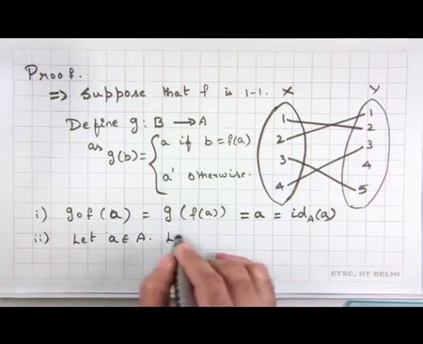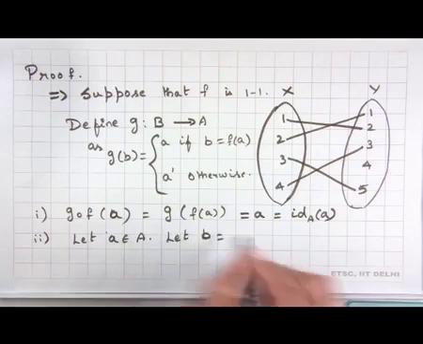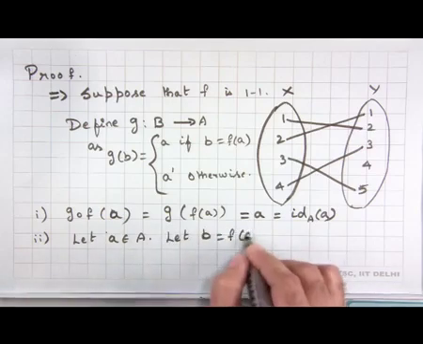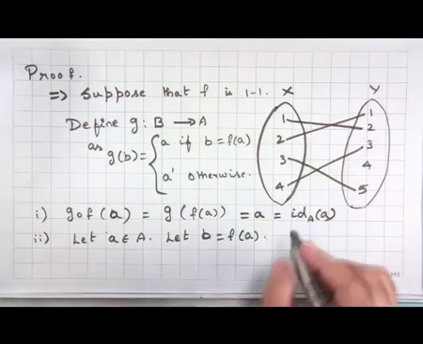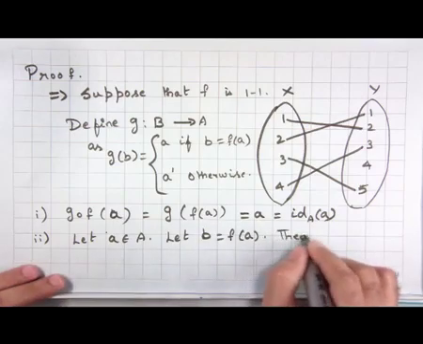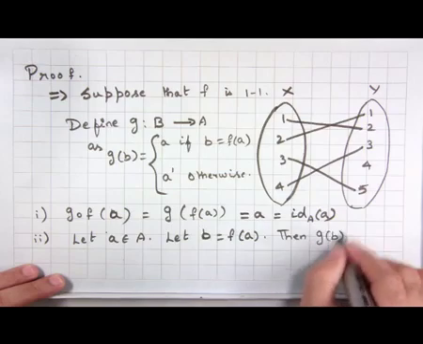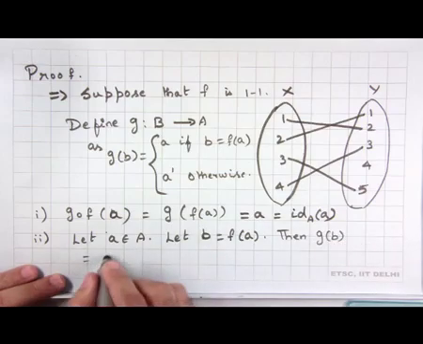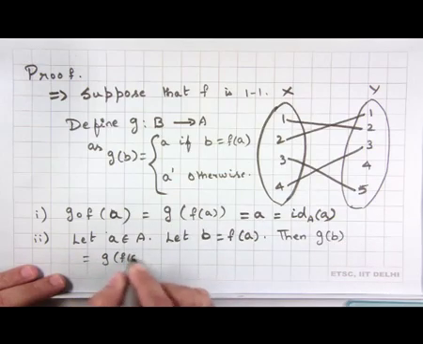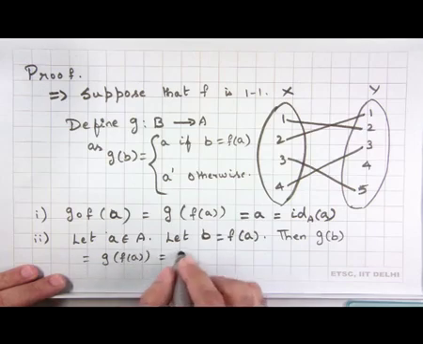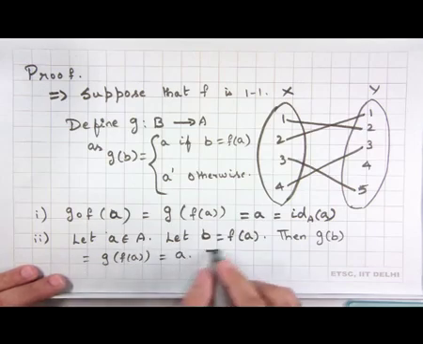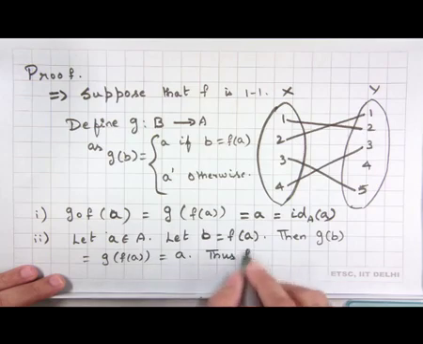So, let me choose b as f of a. Then g of b is going to be g of f of a, which is exactly a. Thus, g is onto.